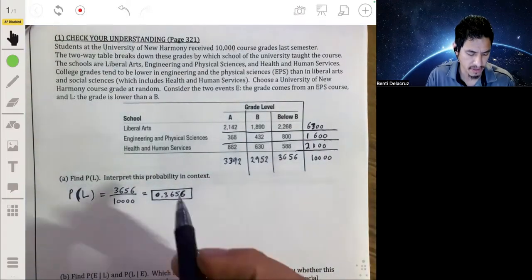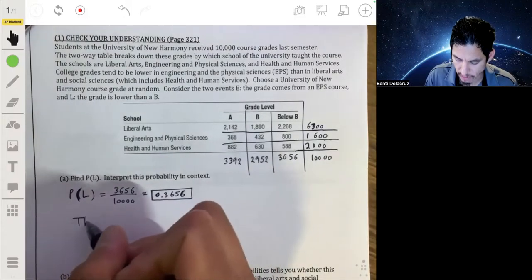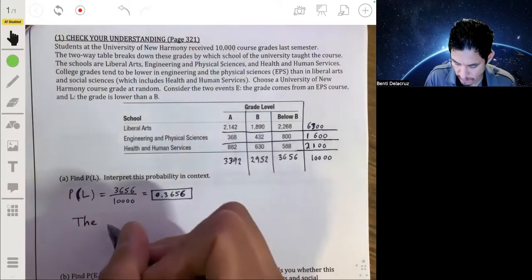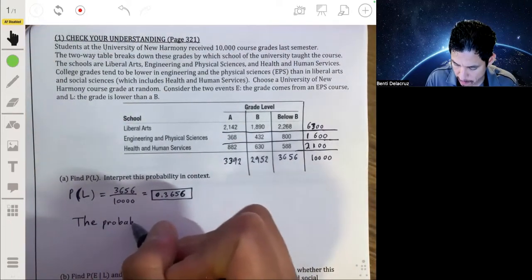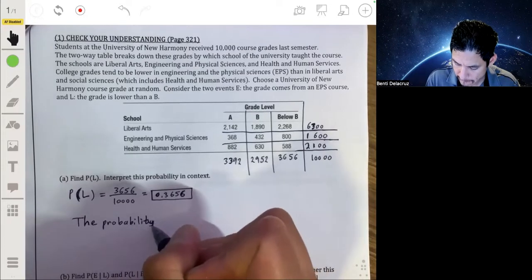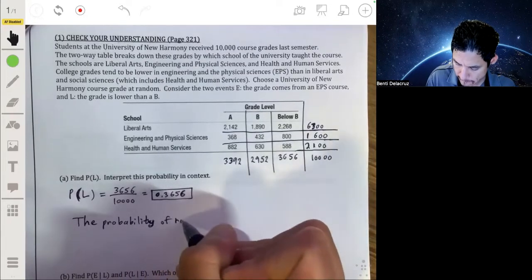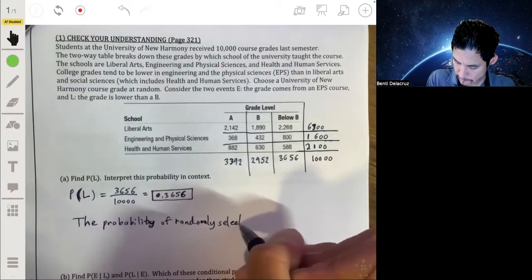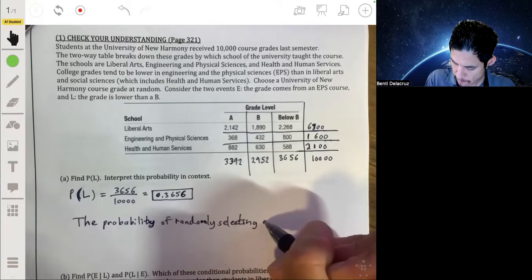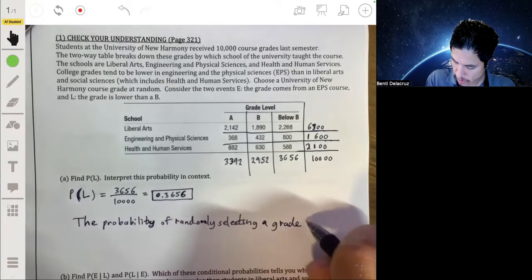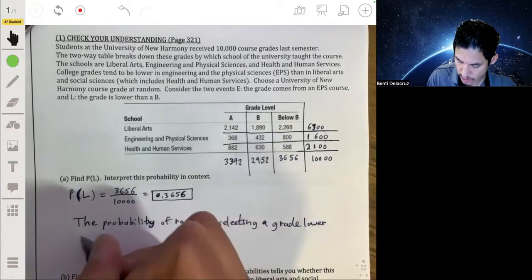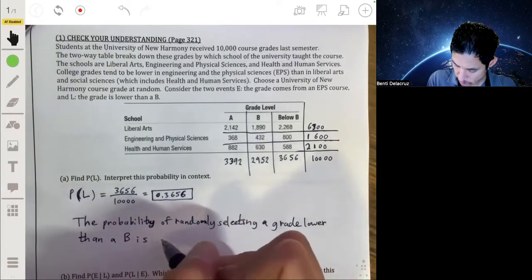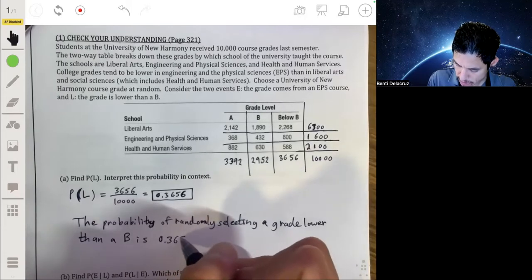The probability of randomly selecting a grade that's lower than a B is 0.3656.